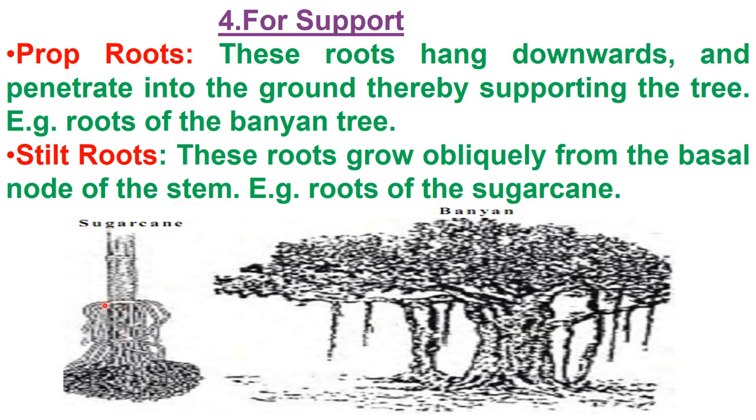The thread-like structures which arise from the node are called stilt roots. What is the function of these stilt roots? These help in support. So stilt roots in sugarcane and prop roots in banyan, both are for support of the plant.